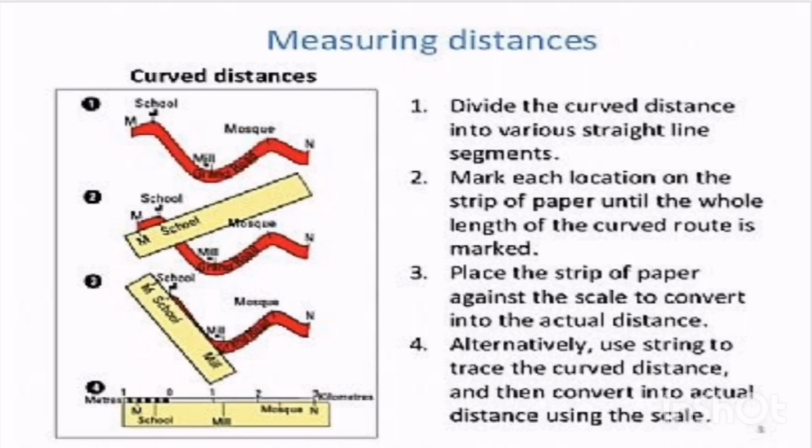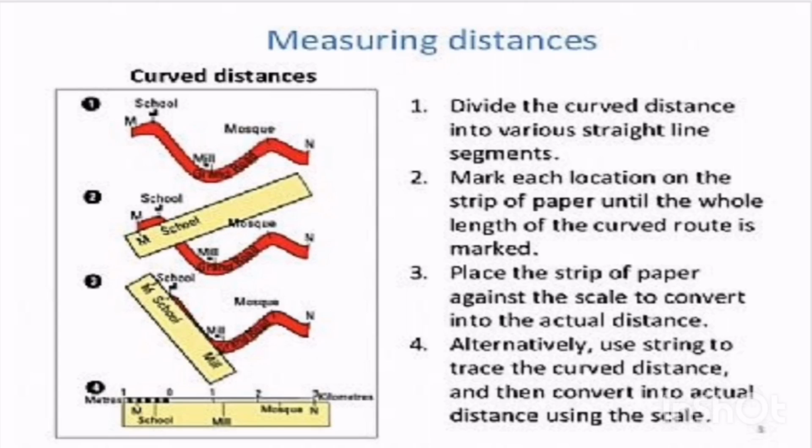For this, first, see here in this first figure, the topmost figure, which is a curved figure colored in red, we have to divide the curved distance into various straight line segments. Okay, then we have to take a strip of paper and put its edge at the starting point and mark on the paper. See, like in the second figure, it is done.